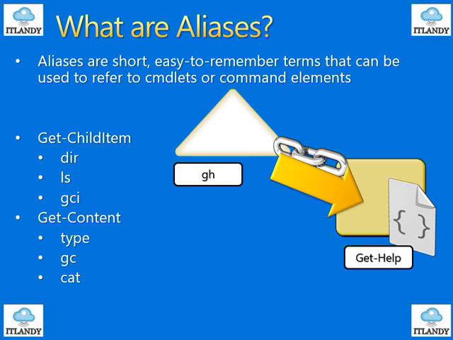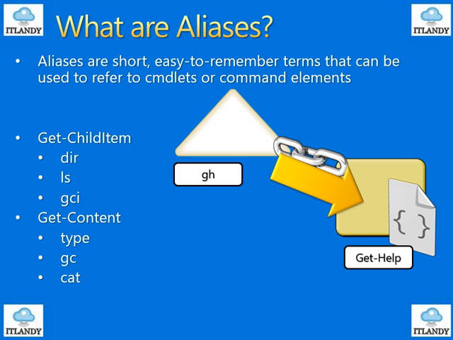What are aliases? Aliases are short, easy-to-remember terms that can be used to refer to a cmdlet or command element. Examples: Get-ChildItem, directory listing, or Get-Content, type, gc or cat. Aliases are simply a shortened name for a command and can be used as a direct replacement for the full command name.